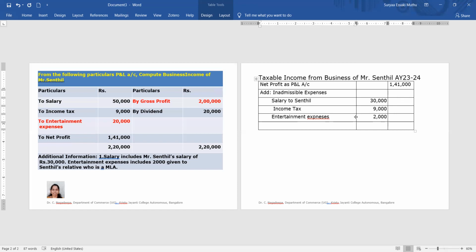How much is it coming to? The total of expenses is 41,000. Okay, so now next you're going to add these two and write how much it is coming to. It is coming to 1,82,000.